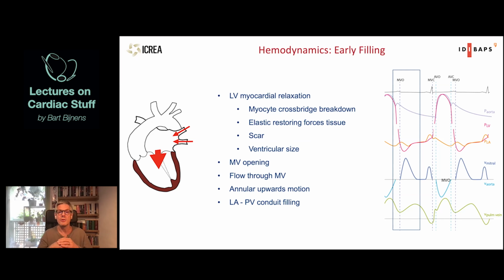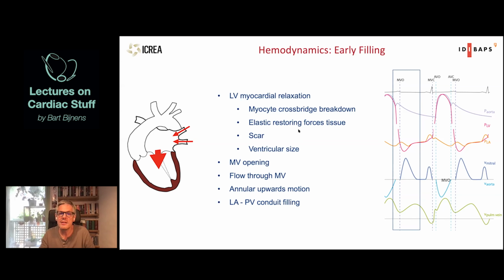One of the things that is also important is ventricular shape, although I don't think that has been studied a lot. But you can imagine, as I said before, that it's the longitudinal component which is always the most efficient for the volume. So the more elliptical you are, probably the better you can use these restoring forces in order to get proper filling.